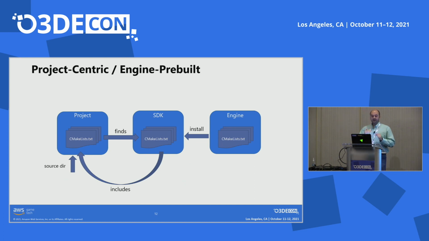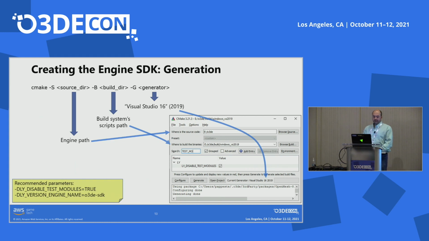In the SDK-generated CMake script, we have a similar declaration, but instead of saying these are the CPP files, we just say this is the static lib that this target represents. And then to use it, it's exactly the same. The project is going to find that SDK, and then the SDK ends up including the project, and we get to use it that way. So how do we generate that SDK?